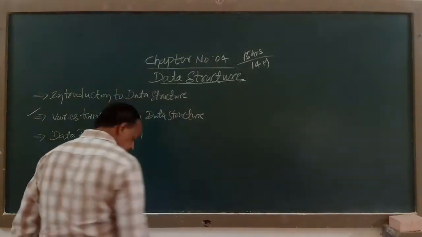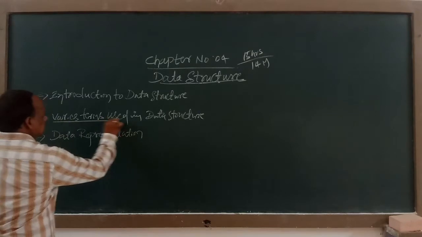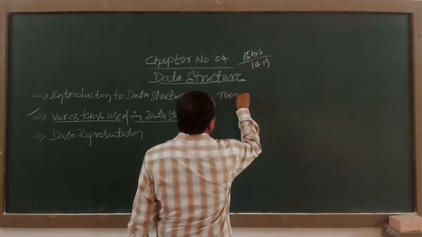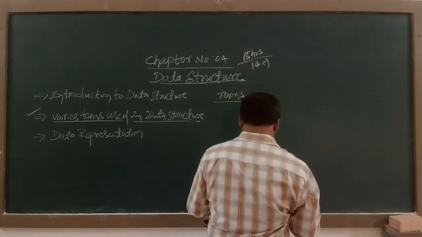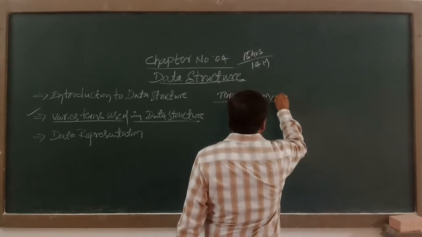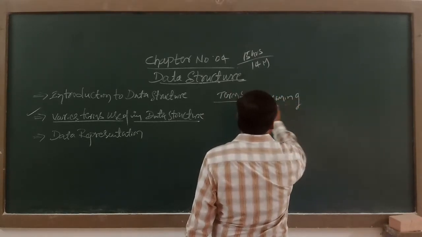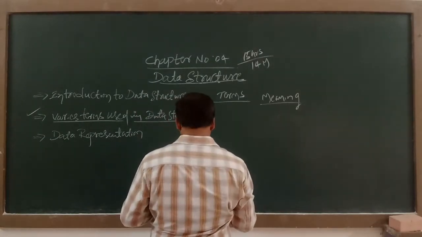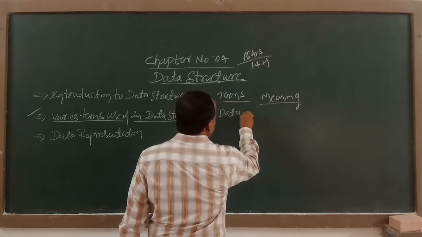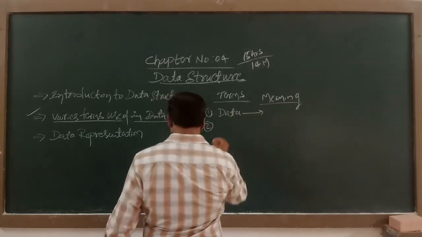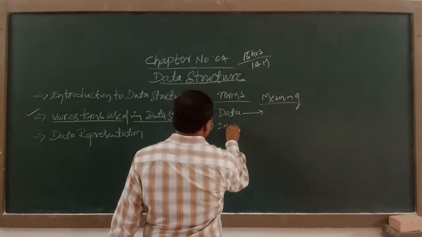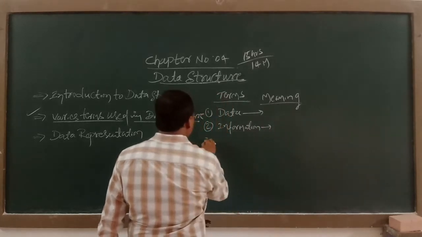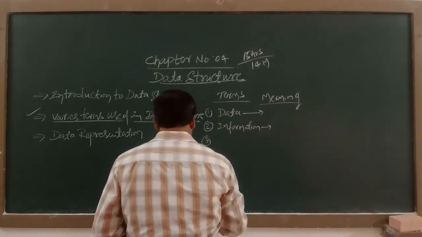Second topic, that is various terms used in data structure. Terms and their meaning. What are those terms? Let us see. First one, data. Second one, information. Third one, data item.